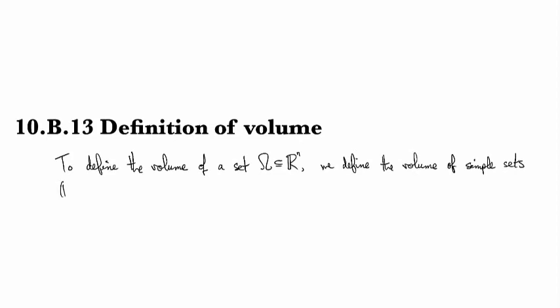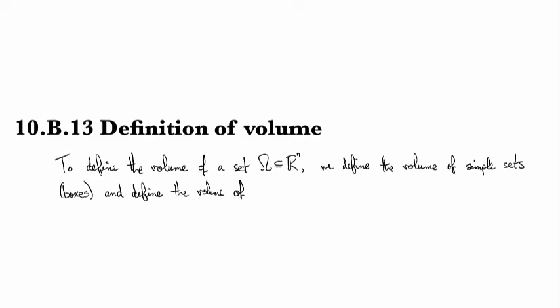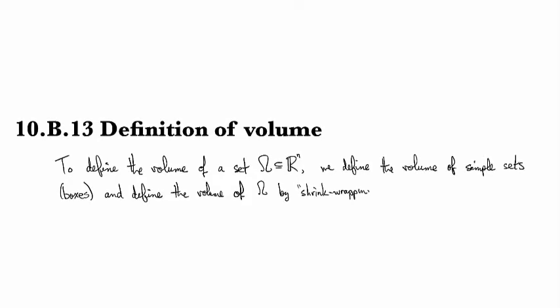We'll use boxes, so rectangular parallelepipeds with sides parallel to the coordinate axes. And then we'll define the volume of a general set omega by sort of shrink wrapping it with boxes.